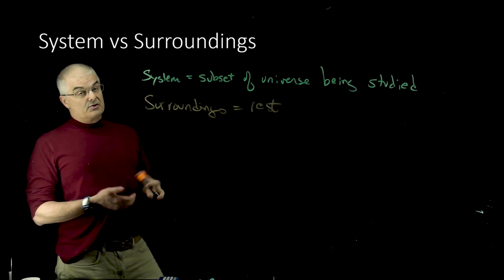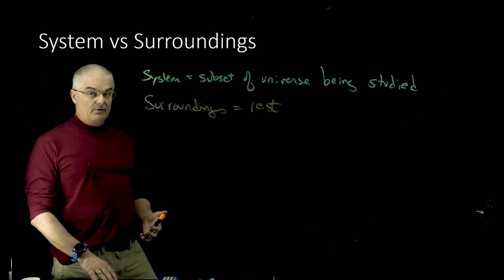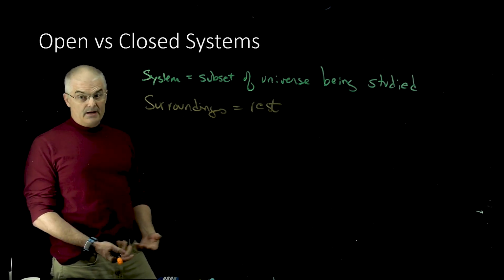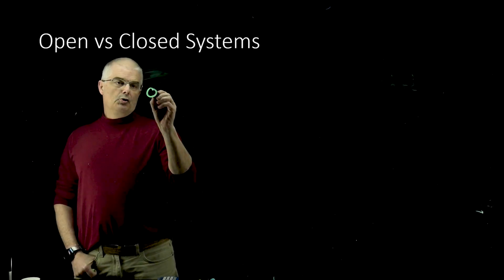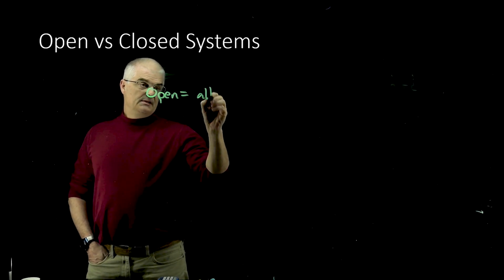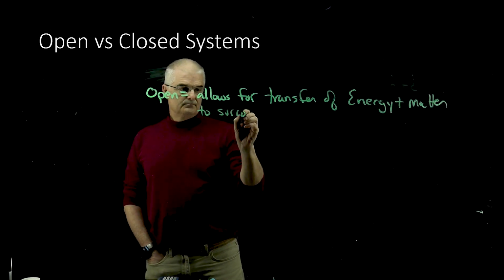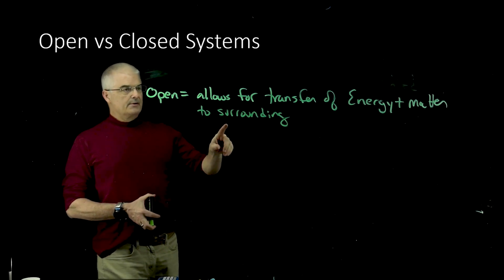And we have, as it turns out, two kinds of systems. Actually, there's a third, but we're not going to focus on the third type. So we either have an open or a closed system. In an open system, it allows for transfer of energy and matter to the surroundings.